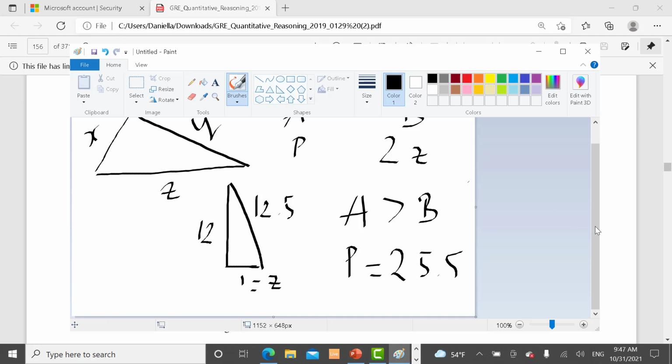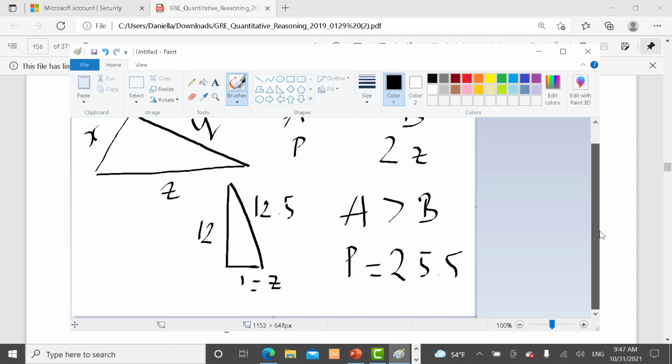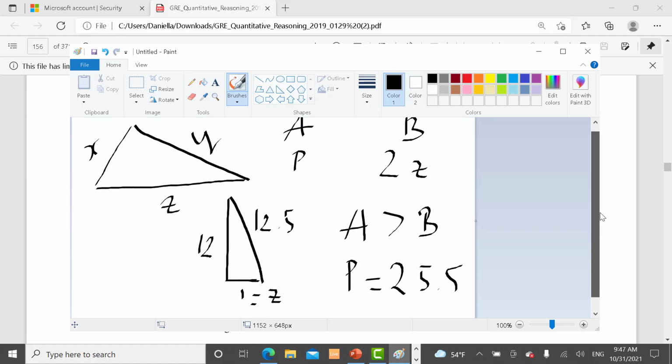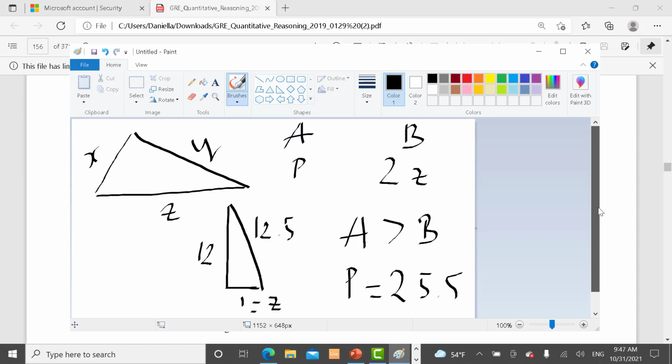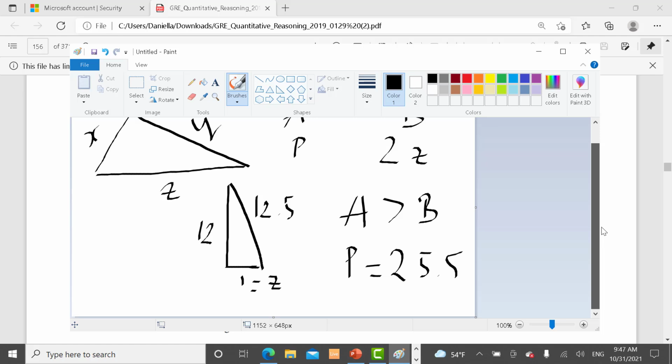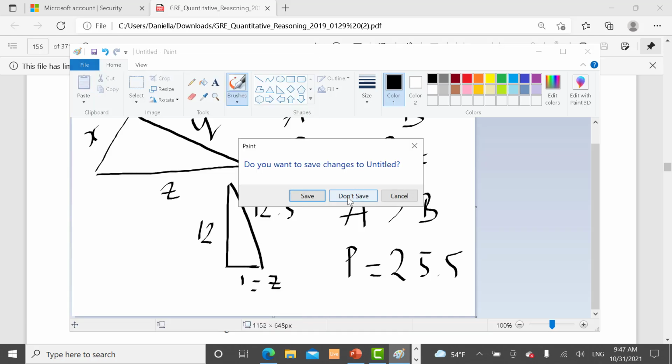Now I'm going to show you an example that 2 times the side is greater than the perimeter. No, I think let me use a different whiteboard.